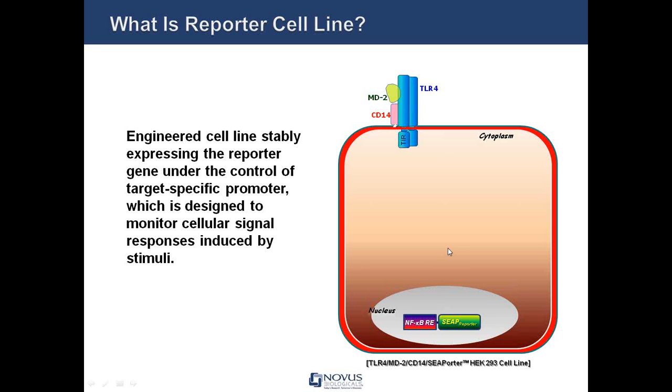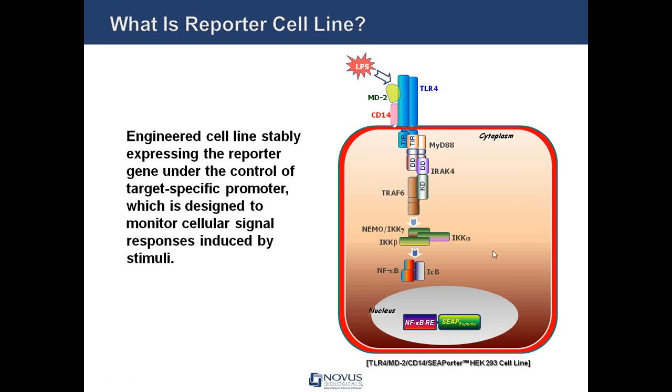This is one example of a cell line stably expressing the toll-like receptor 4 complex and also an NF-kappa B SEAPorter construct. When this cell line is activated by LPS, which is a toll-like receptor 4 ligand, toll-like receptor 4 quickly propagates signal transduction, recruiting downstream signal molecules, and finally activating I-kappa B kinase.